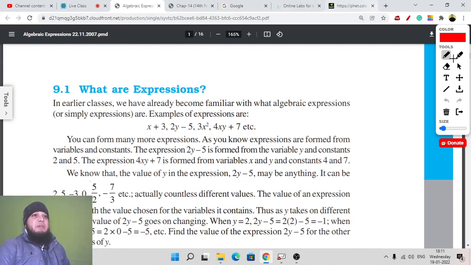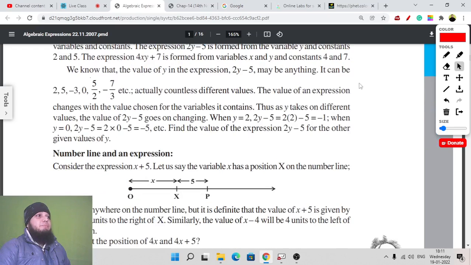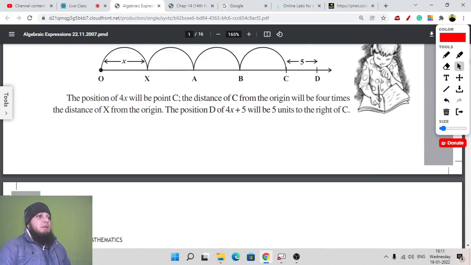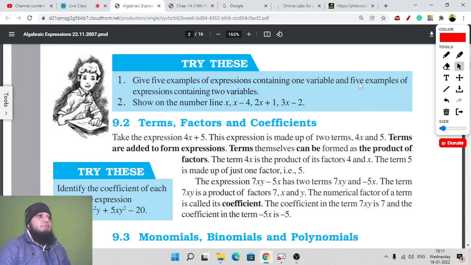So, all these details are there in the NCERT. See, the terms, the factors, and the coefficient. It is written over here that the terms can be formed as the product of factors.